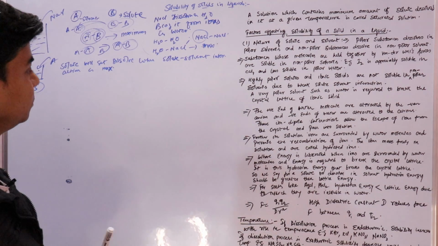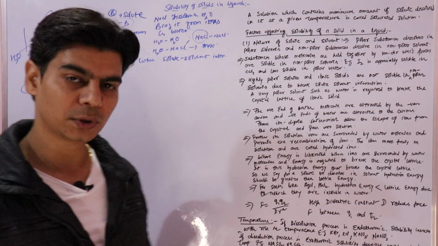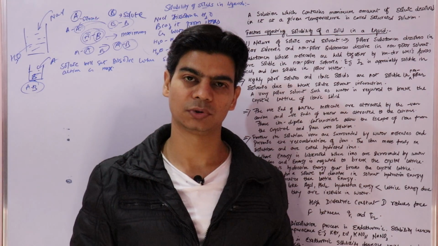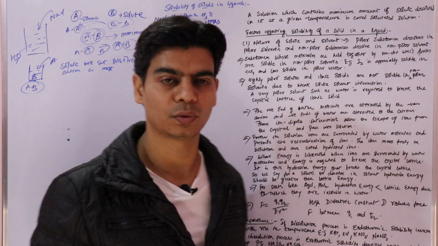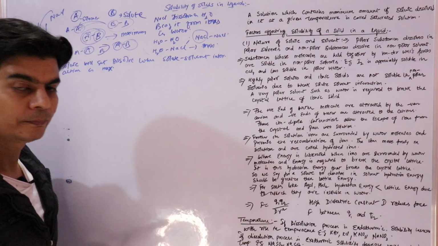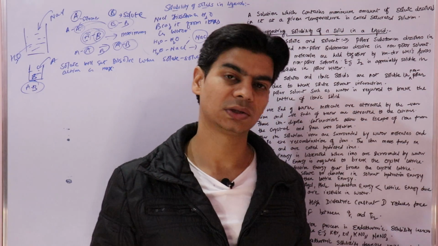So before that, just let's look at one thing. We say that sodium chloride, which is a polar solute, does not dissolve in a non-polar solvent, which is carbon tetrachloride. Why? Because it does not form ions in carbon tetrachloride, and so it does not dissolve.